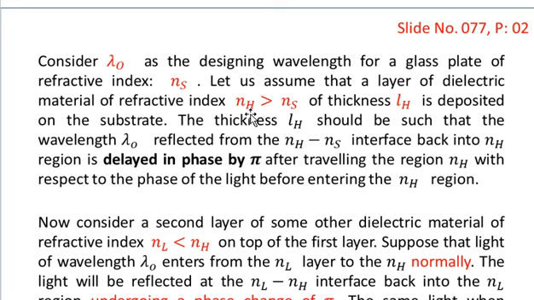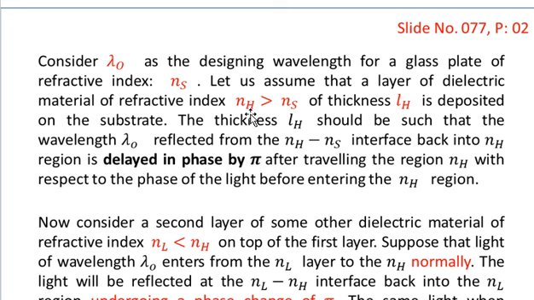So this will be called, apart from the substrate, a two-layer dielectric interface, because one interface will occur at the NH-NS boundary, the other interface will occur at the NL and NH boundary. So there are two interfaces. That's why it is called a two-layer dielectric interface.